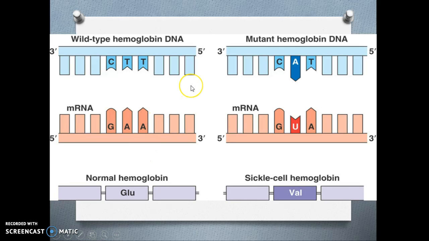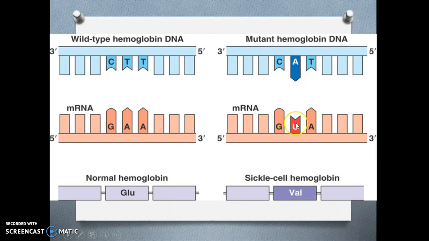However, a point mutation that's specific to this nucleotide base is this one over here. So for some reason, when we replicated DNA, or did the complementary bases, instead of having the correct CTT, the body puts CAT. So then we go to transcribe that, and we get GUA.